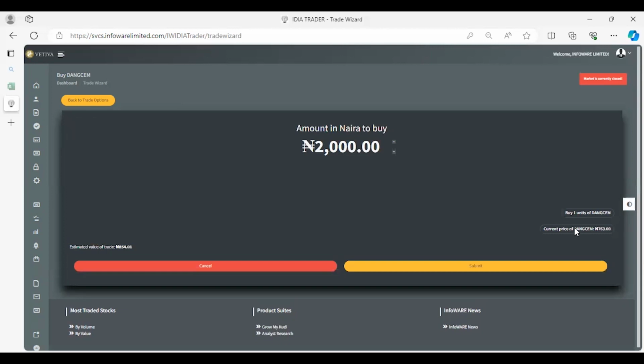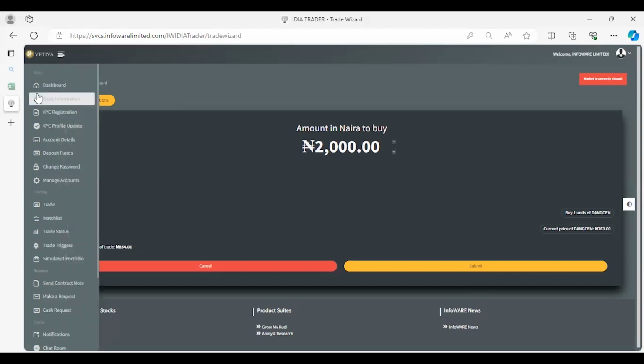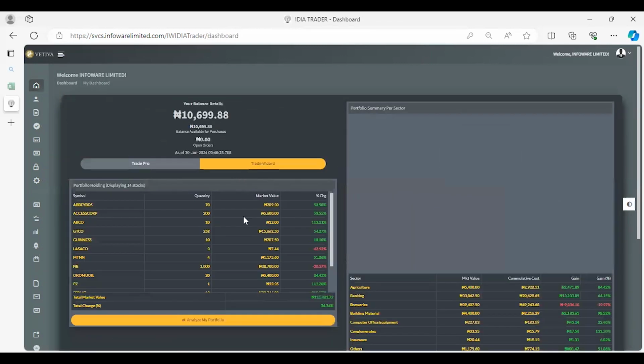Then I click on preview order, it calculates the stock for me, and I submit my order. So it's as simple as that. And then you're done, and you can monitor your order status, and cancel or amend your order as the case may be.